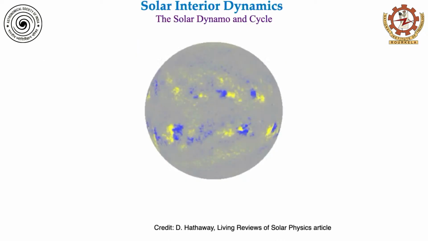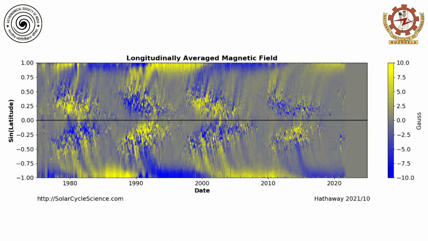This is the so-called magnetic butterfly diagram. If you plot as a function of time and sine of latitude, you see this butterfly-like structure. One can easily observe that there is transport of magnetic flux on the surface. The two colors are the two polarities of the magnetic field.